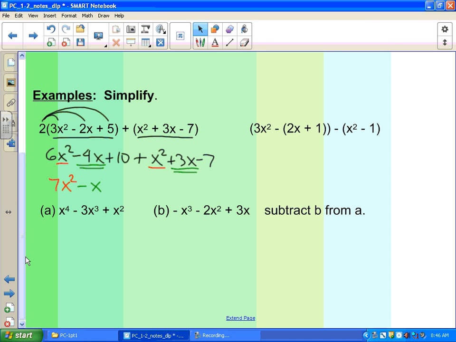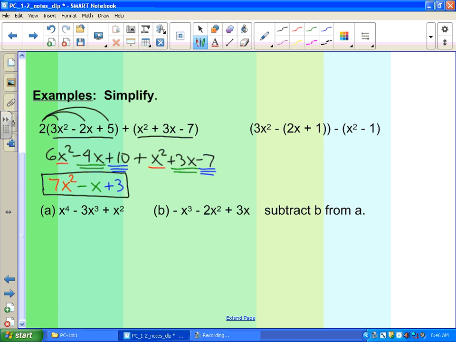And then finally our constants. We have a positive 10 and a minus 7. So we have 10 minus 7 and we get 3. So that would be our simplified expression from these two: 7x squared minus x plus 3.